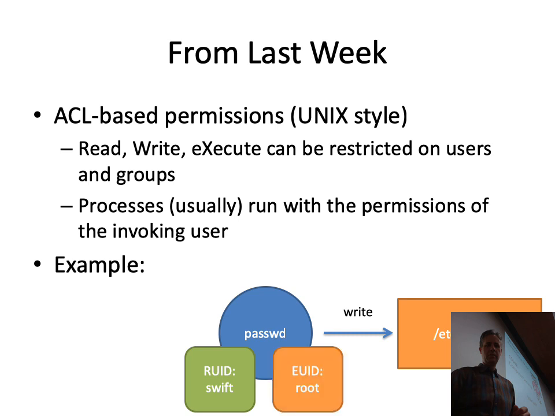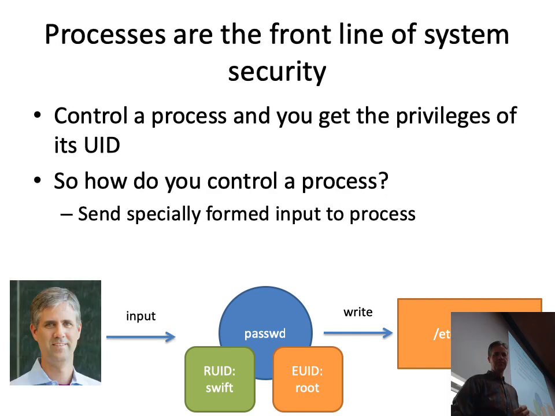So that means that when a process is running, there are really two identities it can have. It can have the identity of the user who invoked the program, in this case the RUID Swift, or it can have the effective UID, which is root. And you can switch back and forth depending on who this program wants to be. One of the things to remember here is, how do we make sure this model is actually secure?